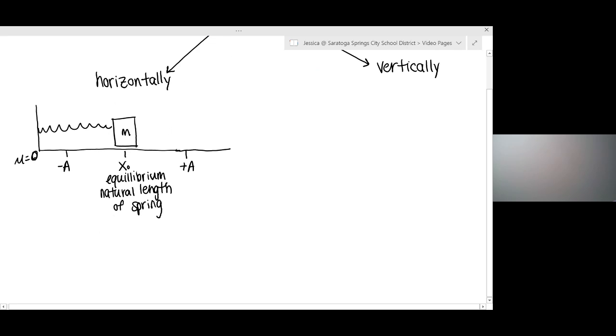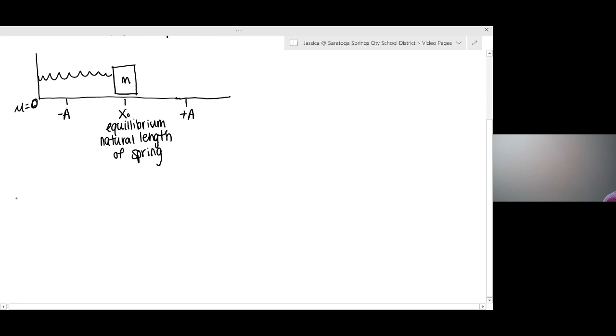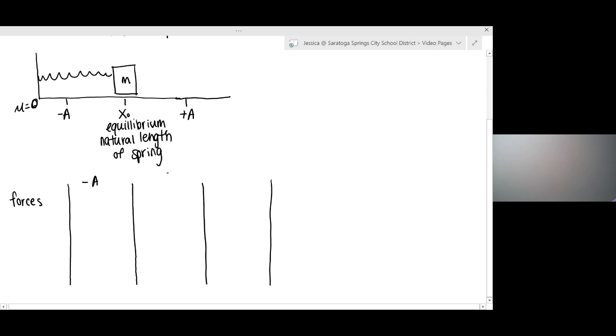Okay, so the first thing we are going to talk about is those forces, and I'm going to set up a table with 3 columns so we can talk about the forces at that negative amplitude, at that equilibrium, and then at that positive amplitude.